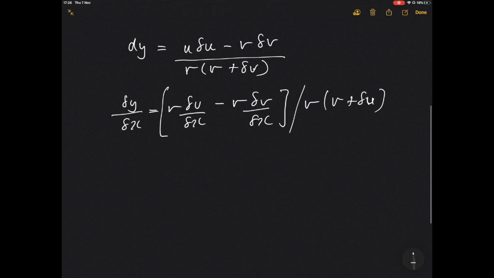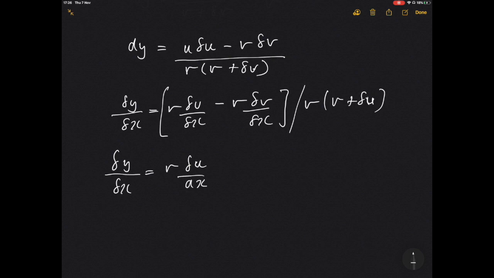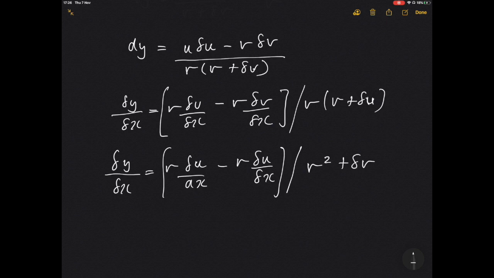And then if we tidy this up, we can now say that delta y by delta x is equal to v delta u by delta x minus u delta v by delta x, all divided by v squared plus v delta v.